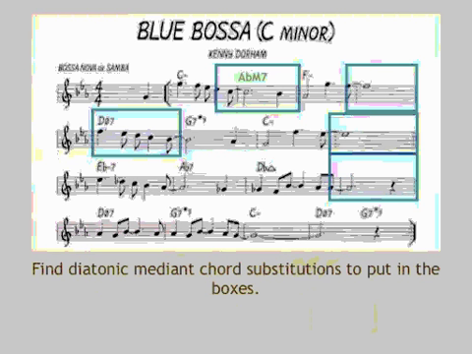The melody note here is an F. So that note is actually in the D flat major 7, but it's not in the A flat major 7. And then interestingly, the chord after is a D natural. And so maybe the D flat would be a good way to move to this next chord.